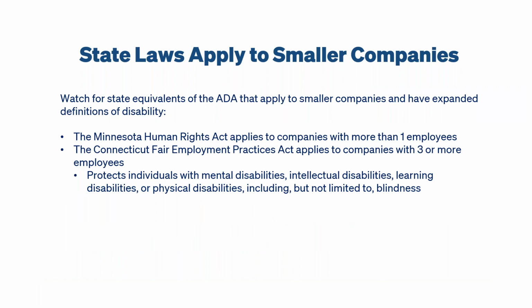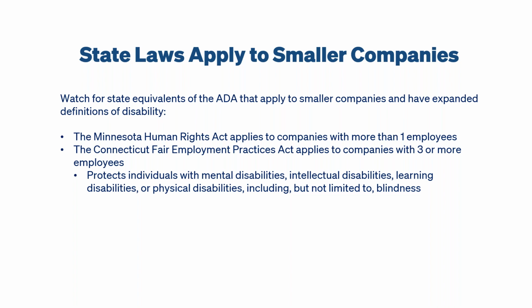So there are state equivalents of the ADA that apply to smaller companies and have different definitions of disability. So your state most likely has an anti-discrimination law or a human rights law, a fair employment law or a fair employment in housing law that will apply to a company with fewer than 15 employees.